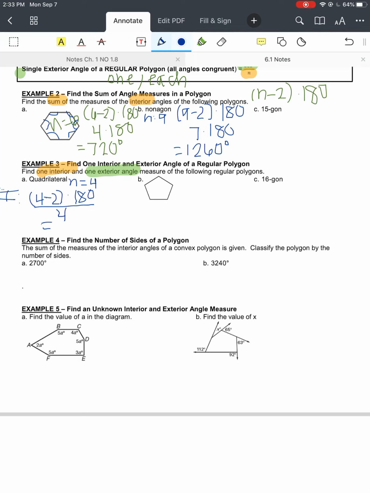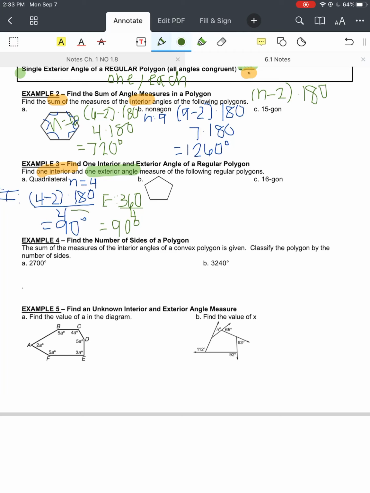Putting that in the calculator and you get 90. Or solving it in your head, whatever. So let's do the exact same thing for exterior using the exterior formula. The exterior formula is just 360 divided by n, which is 4. Well, 360 divided by 4 is 90.